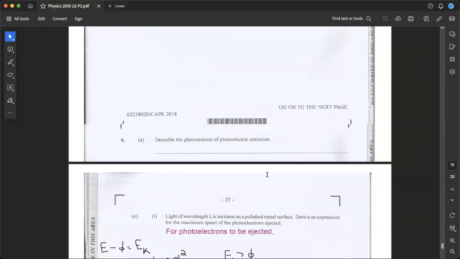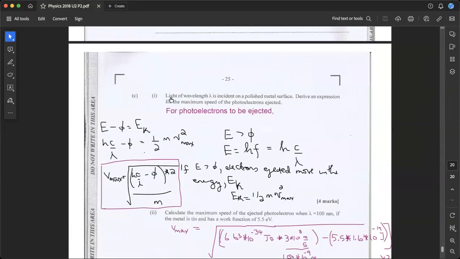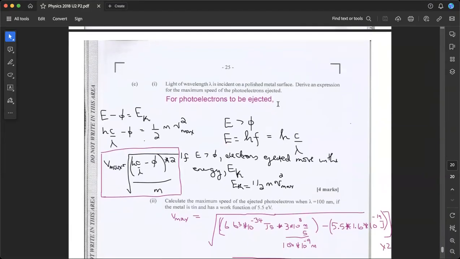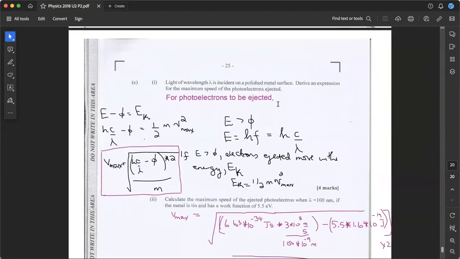Okay, moving right along. For part C, they're telling us that light of wavelength lambda is incident on a polished metal surface, and we should derive an expression for the maximum speed of the photoelectrons ejected. Here it's important to know some of the theory behind how photoelectric emission works. For electrons to be ejected from the surface of the metal, the energy of the photon has to be greater than the work function, denoted phi.